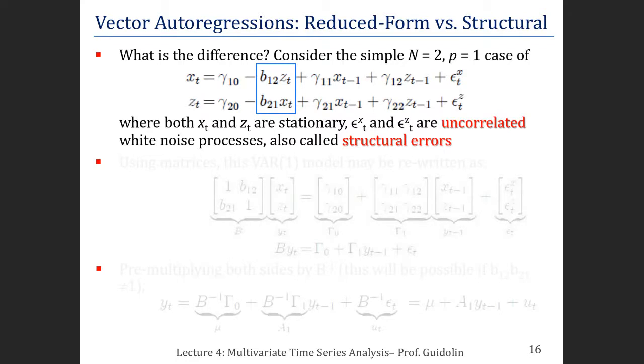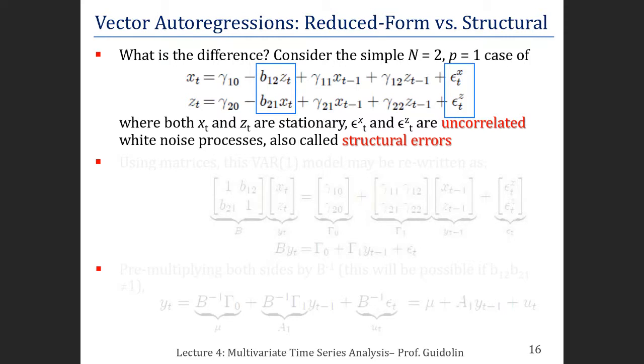So the presence of contemporaneous dependence of x on z and z on x, which does not go through the shocks, epsilon_tx and epsilon_tz at the end of the equations, makes this VAR model a structural one. And you will see why structural VARs have to be approached with care, with lots of attention.